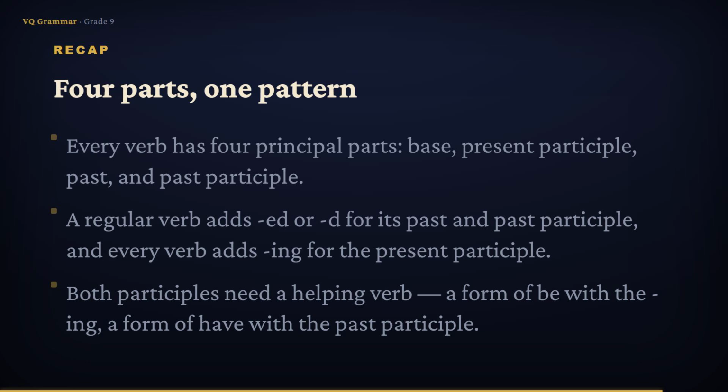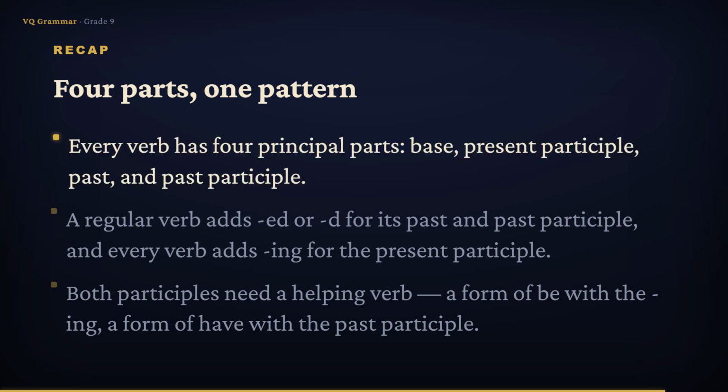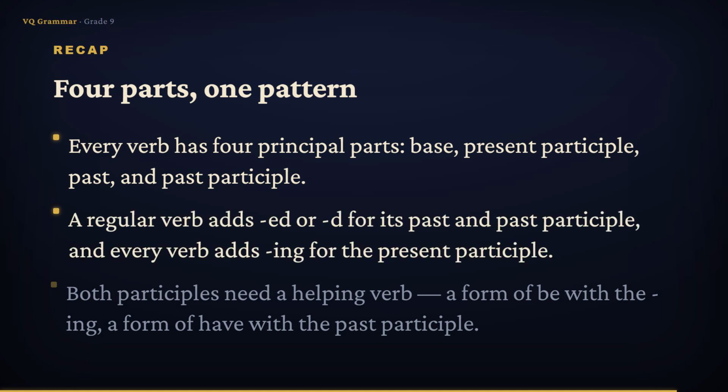Let's pull it all together. Every verb has 4 principal parts: the base form, the present participle, the past, and the past participle. A verb is regular when it builds its past and past participle by simply adding ed or d.